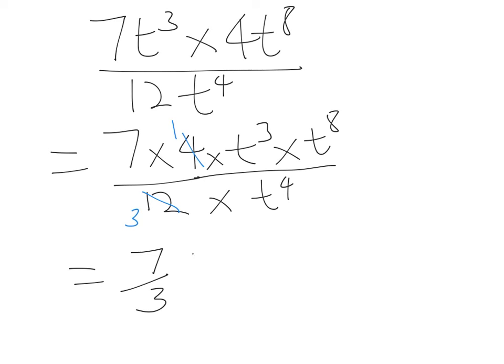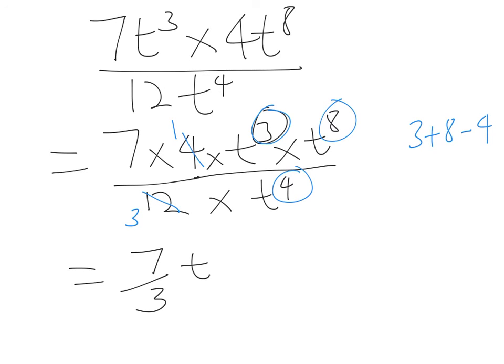Let's look at the t's. Over here, I've got a 3 and an 8 on the top, and a 4 underneath. The ones on the top, on the numerator, need to be added because they're being multiplied. So it's going to be 3 plus 8, and the number underneath, the 4, is being divided, so its power needs to be subtracted.